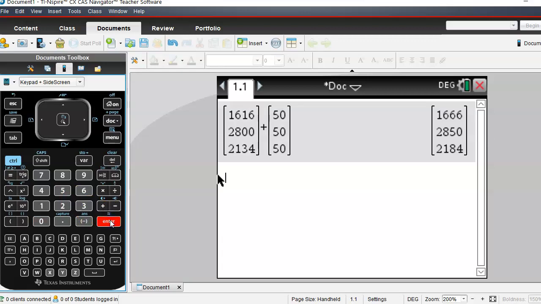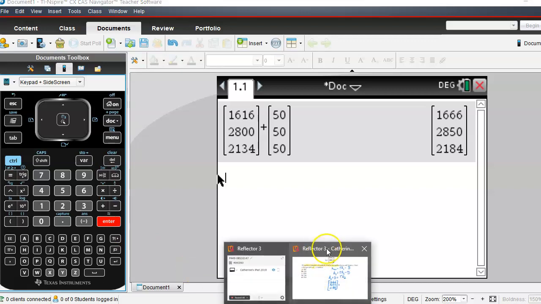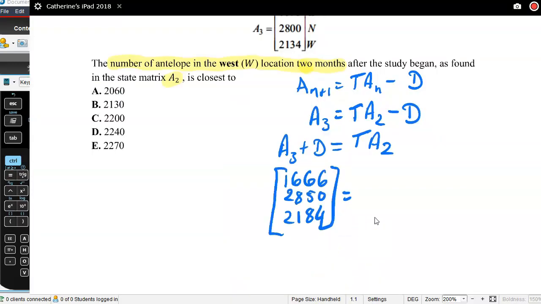Okay, so that means that A3 plus D, which is what we've just done here, is 1666, 2850, 2184. So that means that's what T times A2 is equal to.